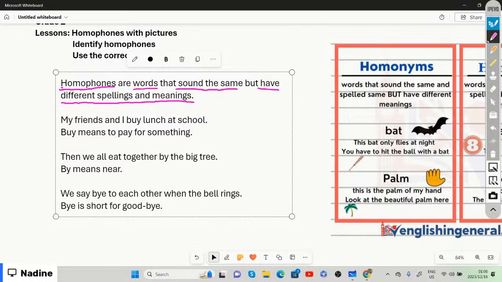So that is a homophone, right? Words that sound the same, but they have different spellings and they have different meanings.